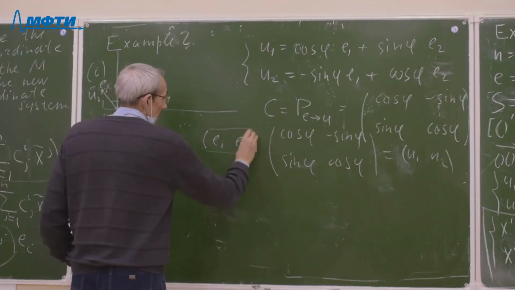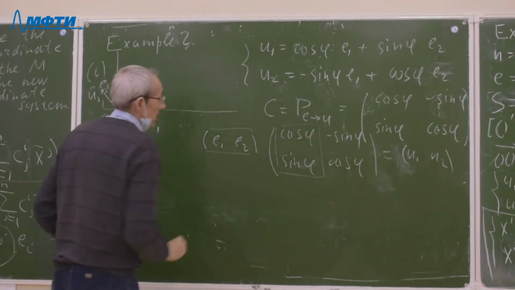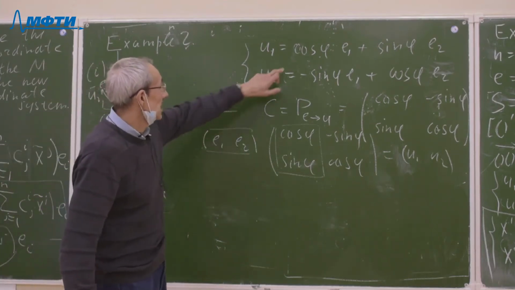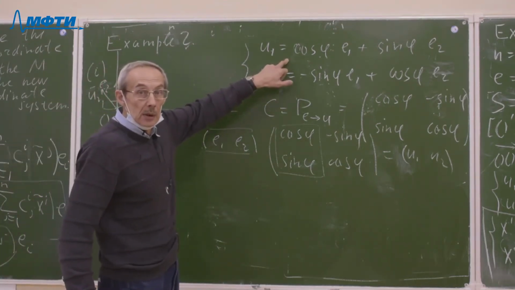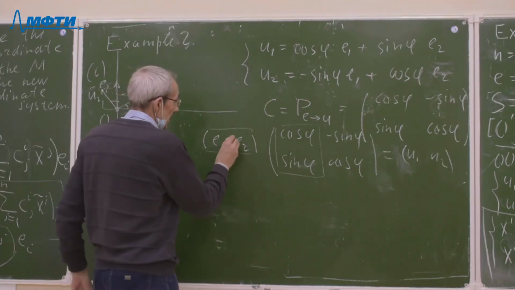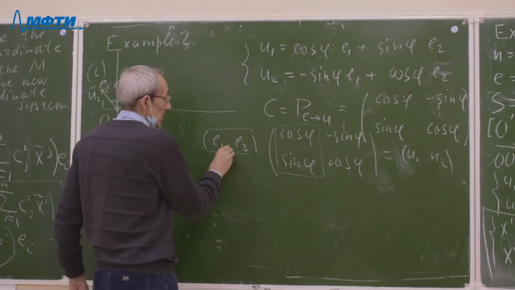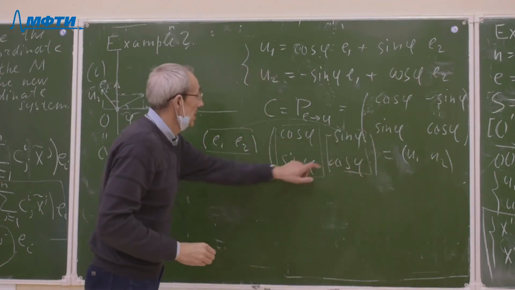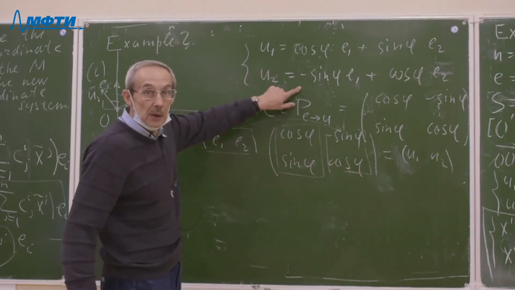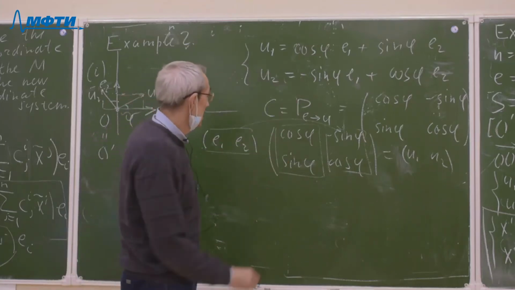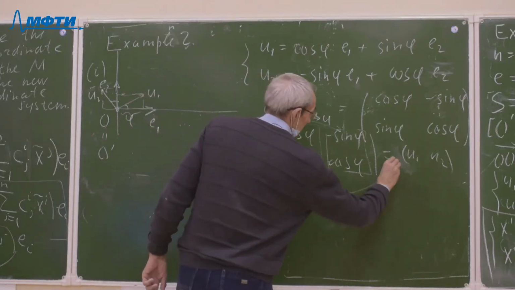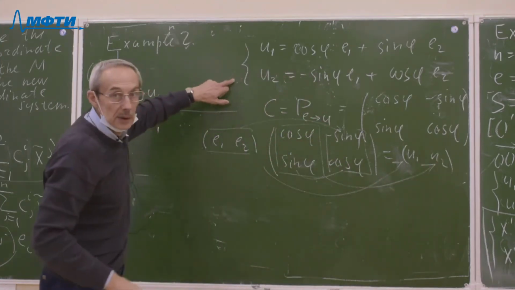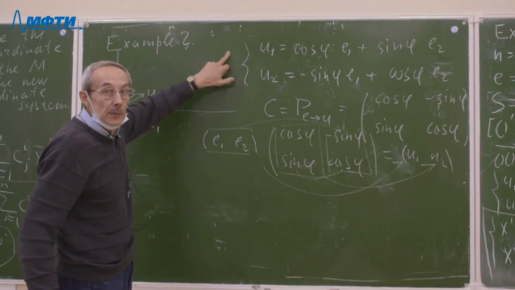Easy to see, if we multiply this row by this column, we obtain exactly the first equation. And if we multiply this row by the second column, we exactly obtain the second equation. This product is equal to U1, this product is equal to U2. And we obtain exactly the system of linear equations.